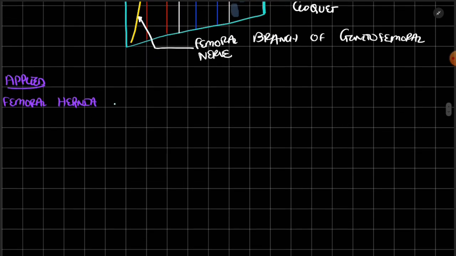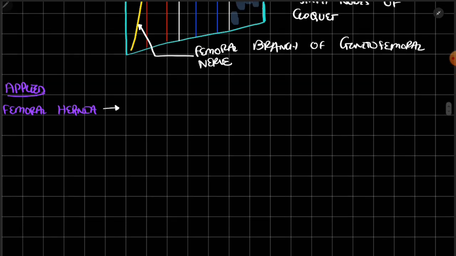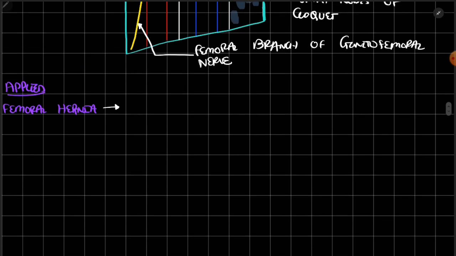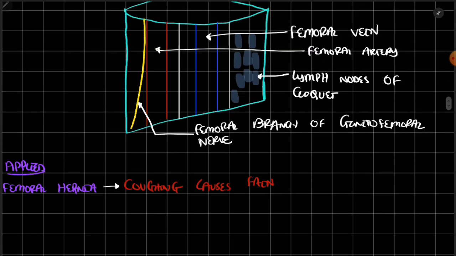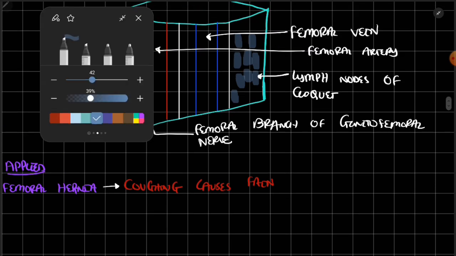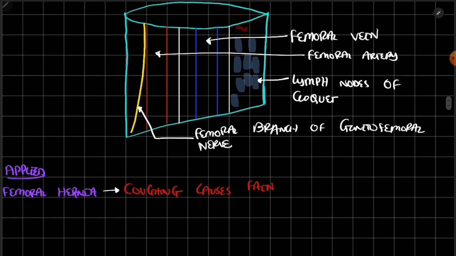Okay, so basically in femoral hernia, the one main feature we talked about, coughing causes pain. Also, this area, let me separate it with red.